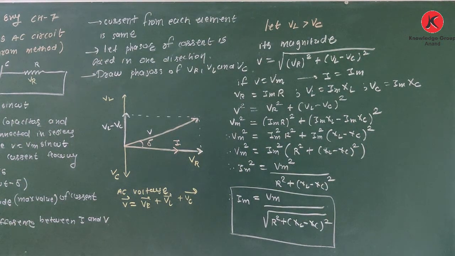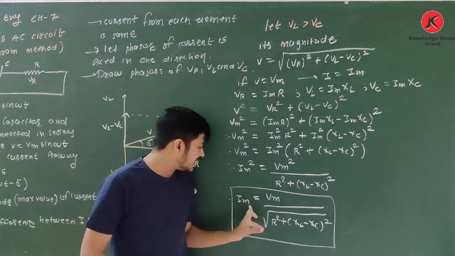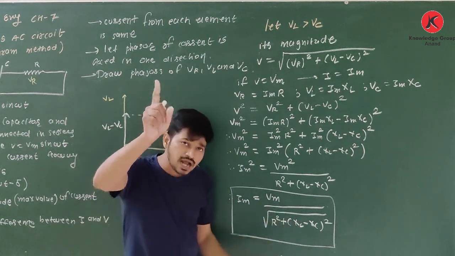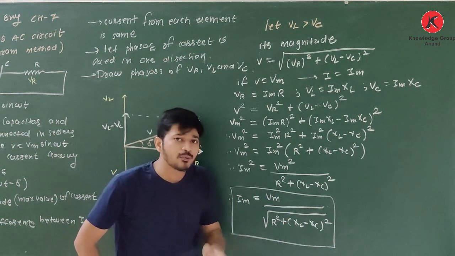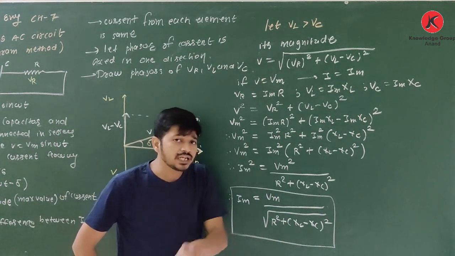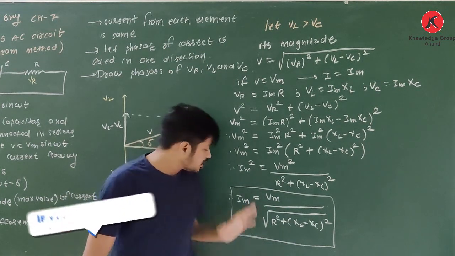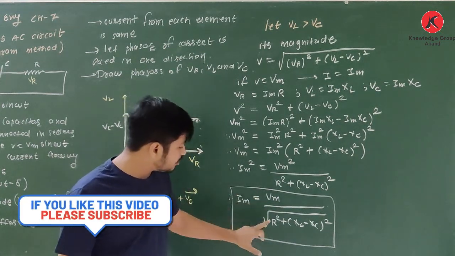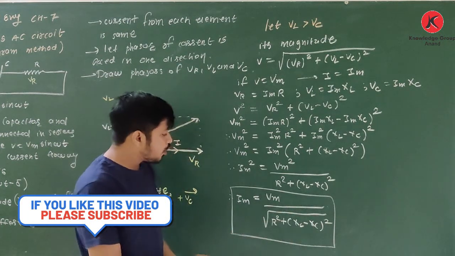Any doubt? Now see, compare: first theory, only resistive circuit, Im is Vm upon R. Second theory, only inductive, Im is equal to Vm upon XL. Third theory, only capacitor, Im is equal to Vm upon XC. But here Im is equal to Vm upon under root R square plus XL minus XC whole square. What is this?